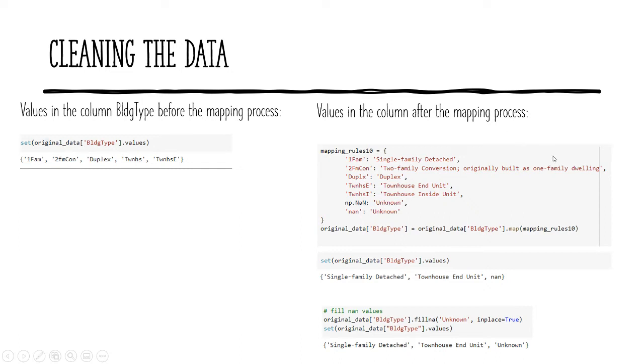So we decided to map those values to the descriptive form using the map function. During the process, we also filled the missing values with the value unknown. And at the end, the building type column has the following values.